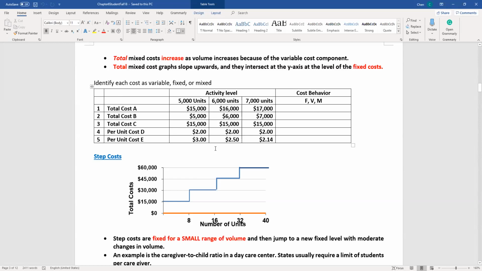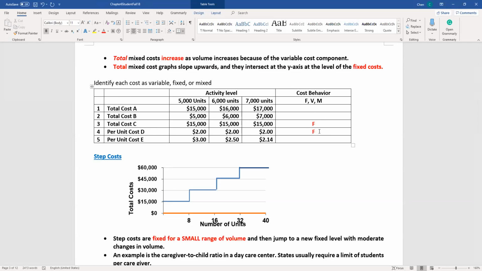Okay, so if you look at that, you can see 3, total cost C will stay constant. So this is a fixed cost, and then D, and then 4, $2 all through. So this is also a fixed cost.